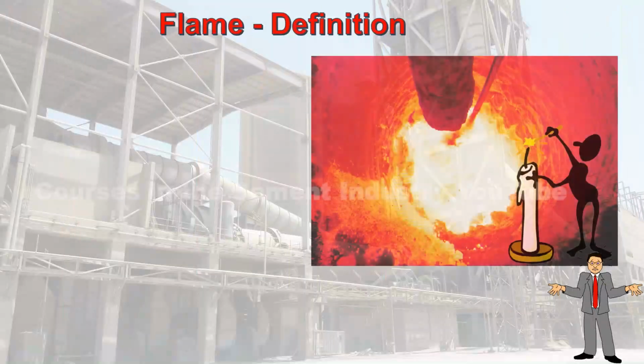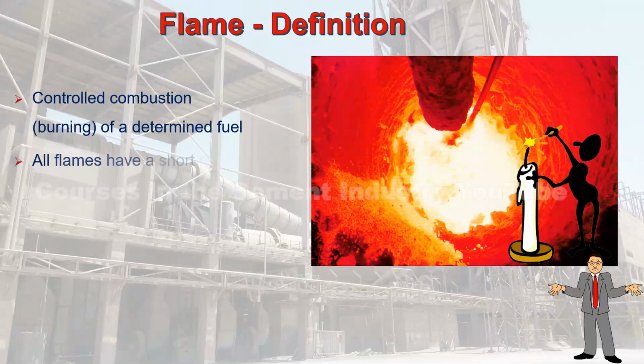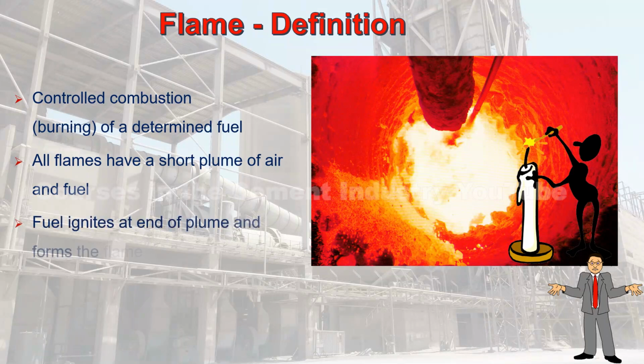Flame definition. 1. Controlled combustion, burning, of a determined fuel. 2. All flames have a short plume of air and fuel. 3. Fuel ignites at end of plume, and forms the flame.